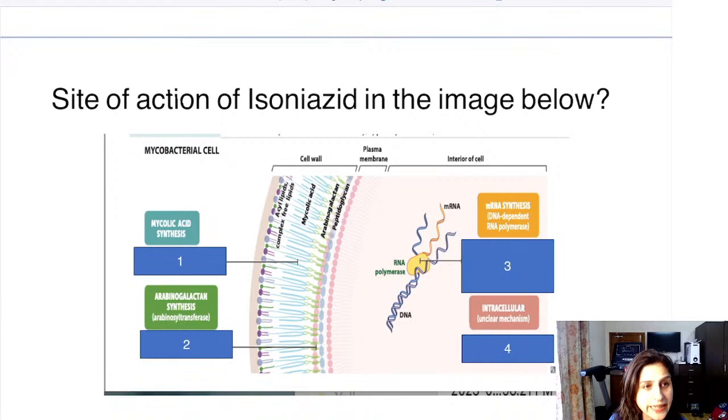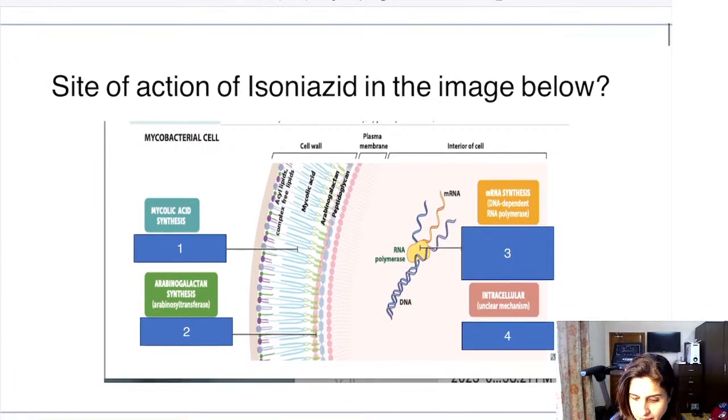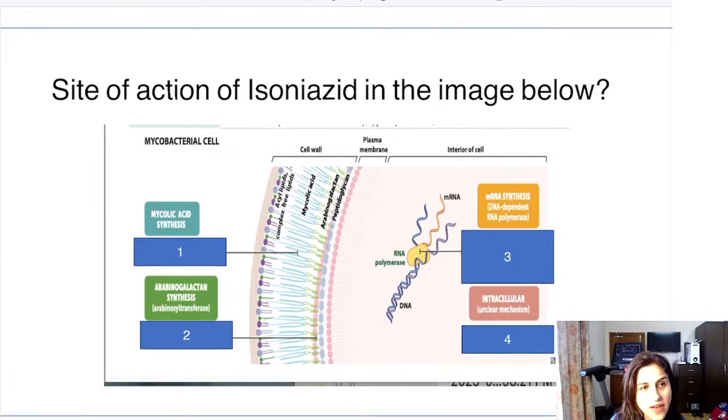So whether they are asked in the text form or they show you the diagram and then they ask you the site of action. So in this case, the diagrams have been shown. So what is the site of action of isoniazid in the image below? So there are four options. Option 1 hai, 2, 3 or 4. The boxes, option 1, 2, 3, 4.